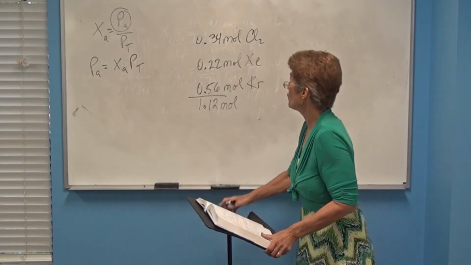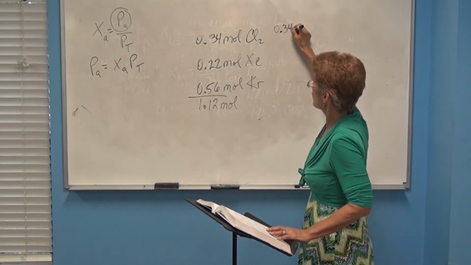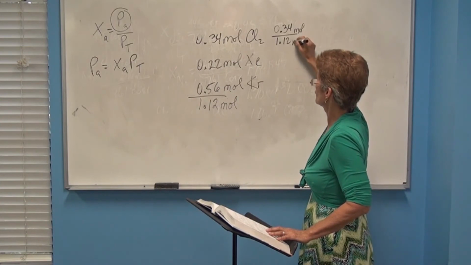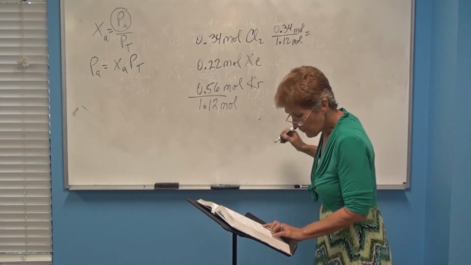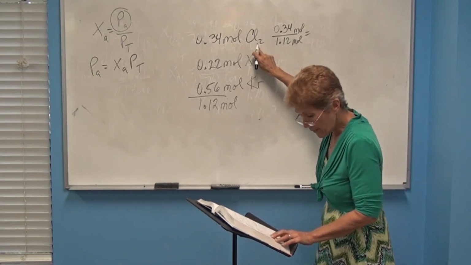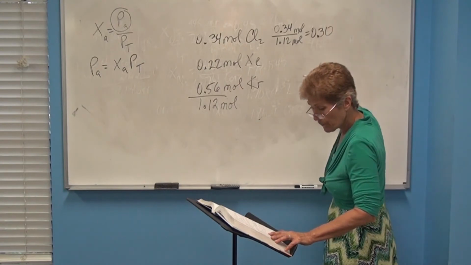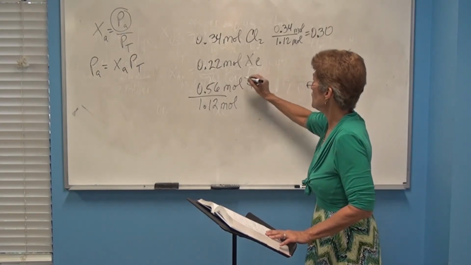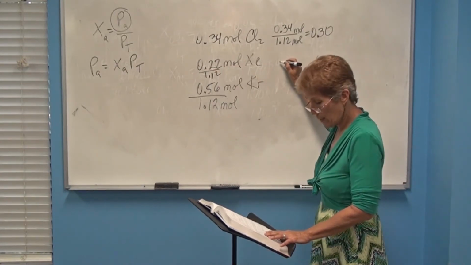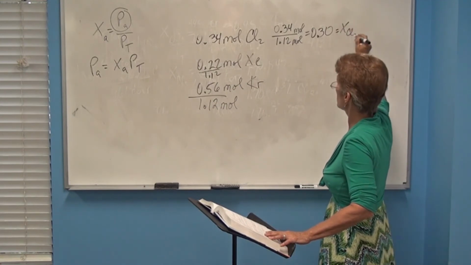So now for the mole fraction for this one, I would go 0.34 divided by 1.12, these are both moles. And that's going to give me the mole fraction for chlorine, which is 0.30. And then when I do this one, divided by 1.12, it's going to give me the mole fraction. This is the mole fraction for chlorine gas.